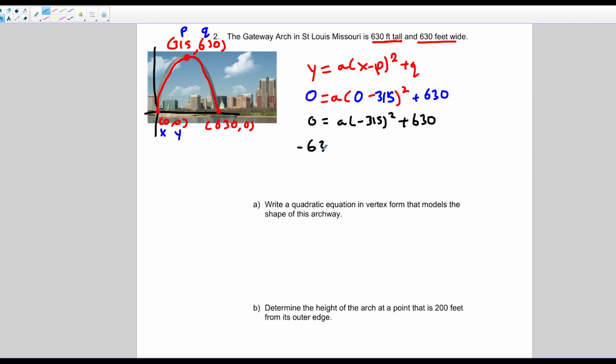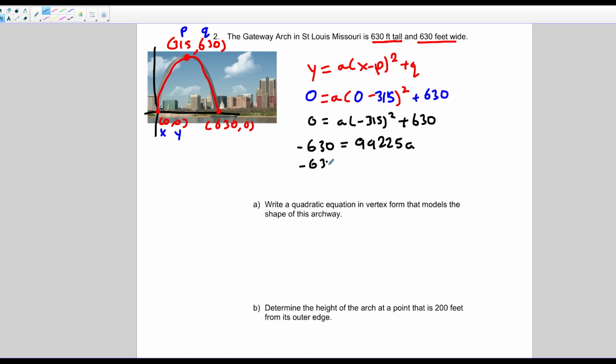So let's go ahead and simplify a little bit. I'm going to subtract 630 first to make things a little bit easier. We're going to square that negative 315. So negative 315 times negative 315 gives me 99,225 times a. Our last step here is to divide both sides by 99,225.